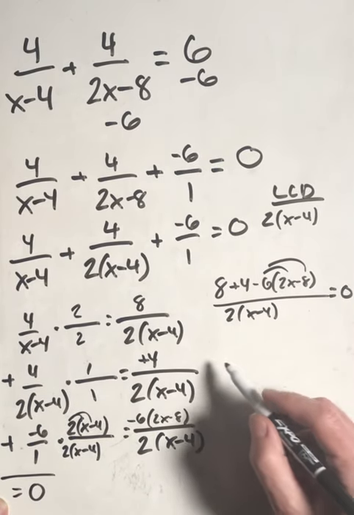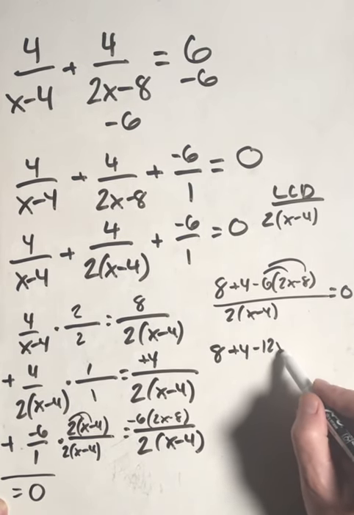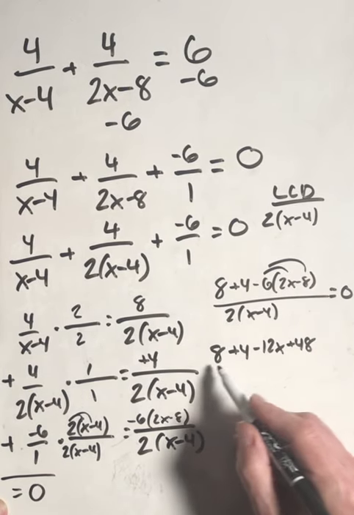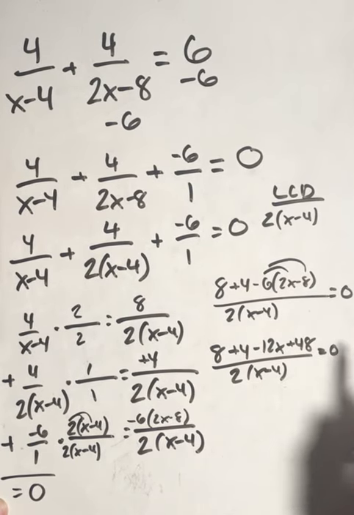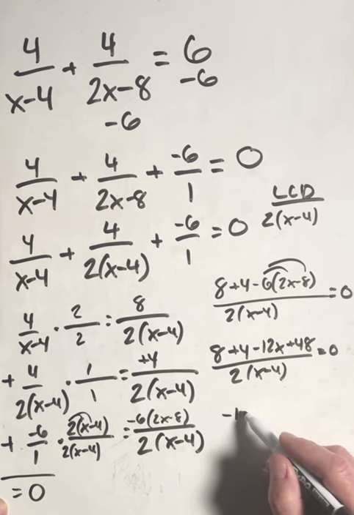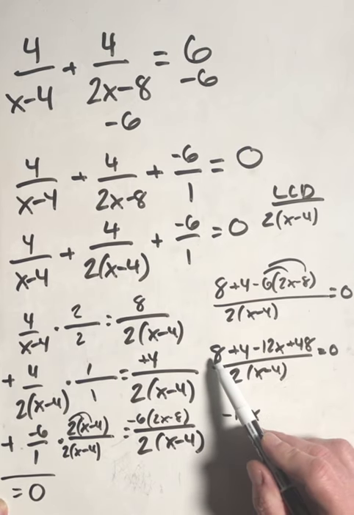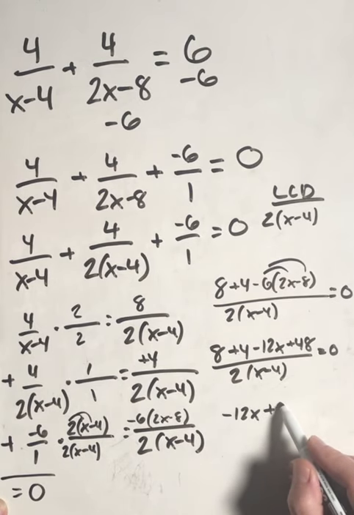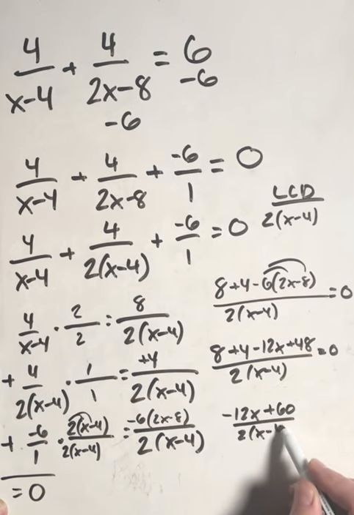So let's clean this up in here. 8 plus 4 minus 12x plus 48 over 2 parentheses x minus 4 equals 0. Simplify up here, we have negative 12x, and then 48 plus 8 would be 56, plus 4 would be 60, so negative 12x plus 60 over 2 parentheses x minus 4.